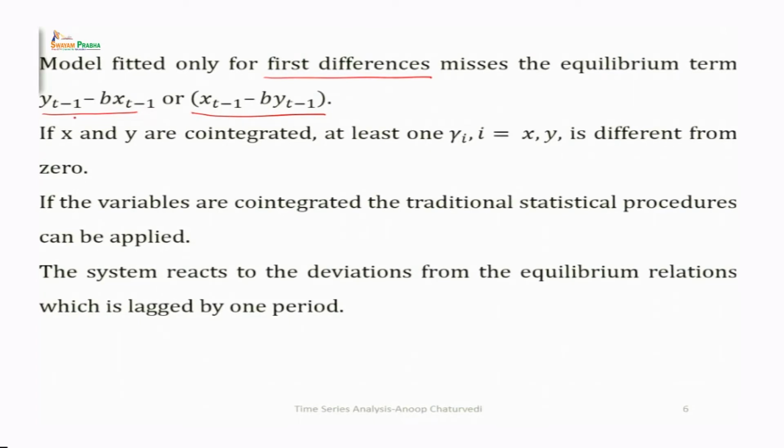This is actually the term which represents the long term relationship between y and x. So, you are missing the long term relationship between y and x, or x and y.